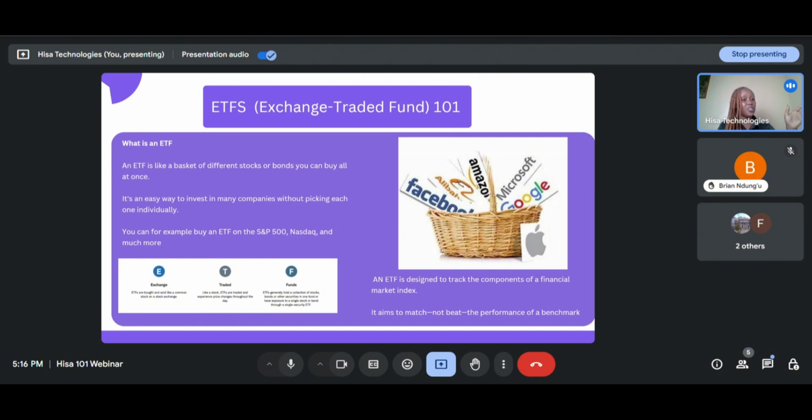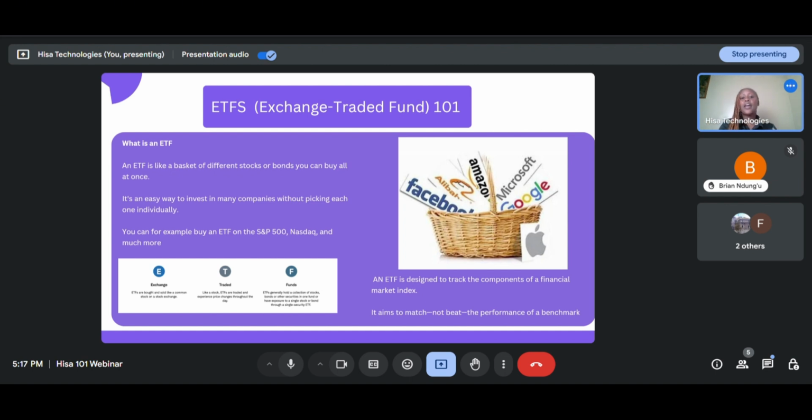And we'll look at a few indices in the US stock market very soon. So the aim of an ETF is to match, keyword match, and not beat the performance of this benchmark, the index. All right. So what does this mean?